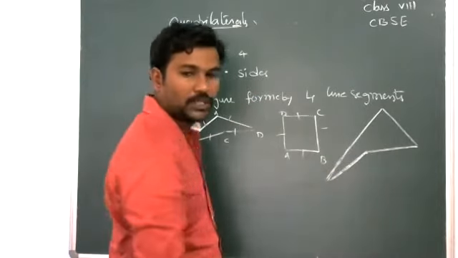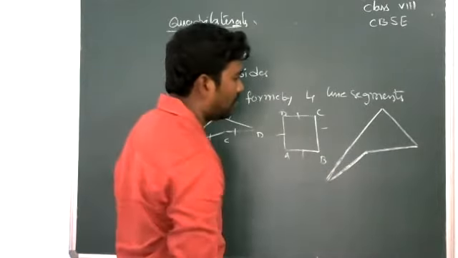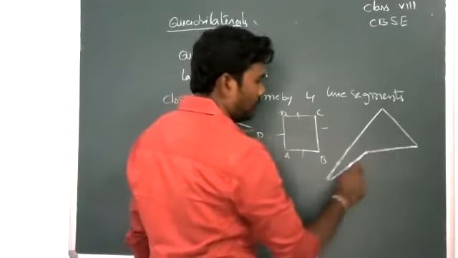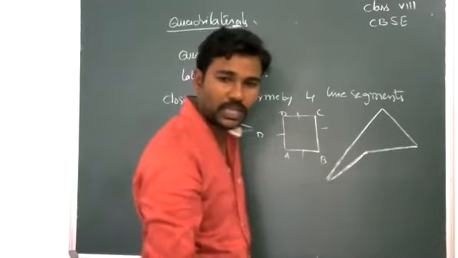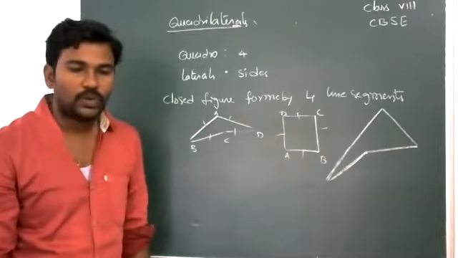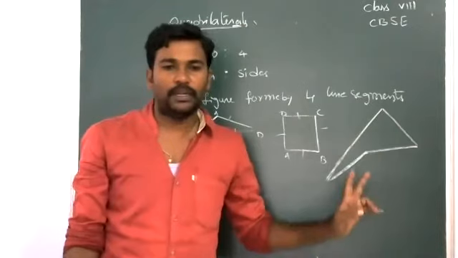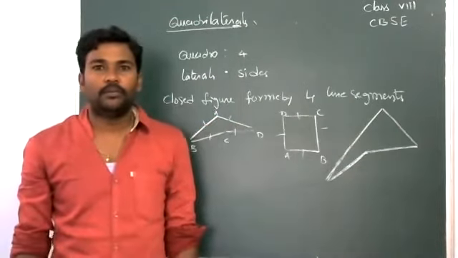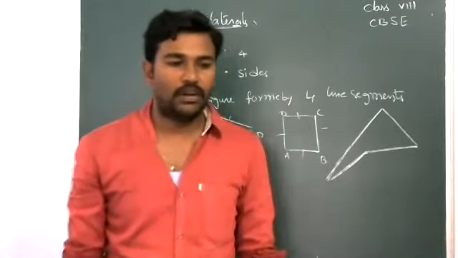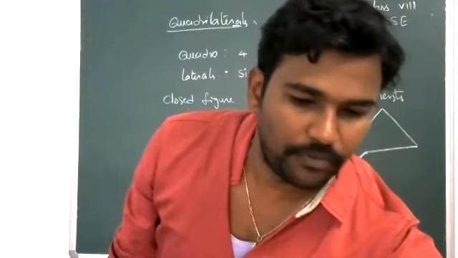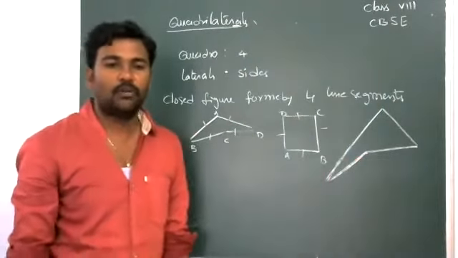This one is also a quadrilateral, because here you are using 1, 2, 3, 4 sides. It must be a closed figure. A closed figure formed by 4 line segments is called a quadrilateral.